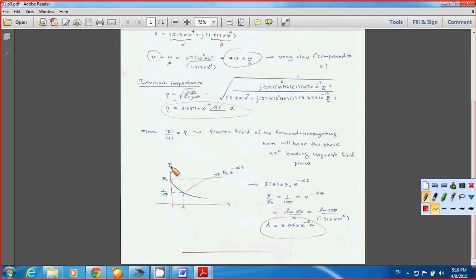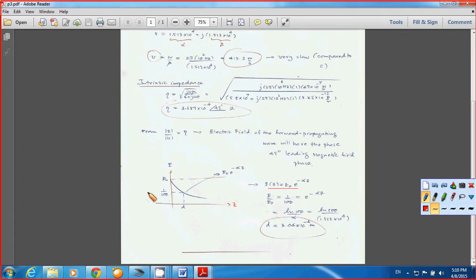You have the plot of the magnitude of the electric field, and it starts with E0. When it gets deep into the material or media, it's going to be attenuated by the factor exponential negative alpha z. If I want to write the magnitude of the electric field at any location in the media, I have E of z equal to E0 exponential negative alpha z.